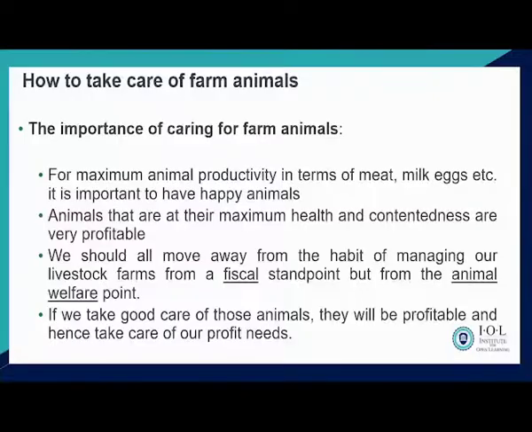Instead of just having your goats there, but your sole focus is on generating income only, so you don't care about what happens to your animals as long as they are able to bring you some money, we should do away with that and move towards animal welfare. If we take good care of those animals, they will be profitable, and as a result, they will be able to take care of our profit needs.